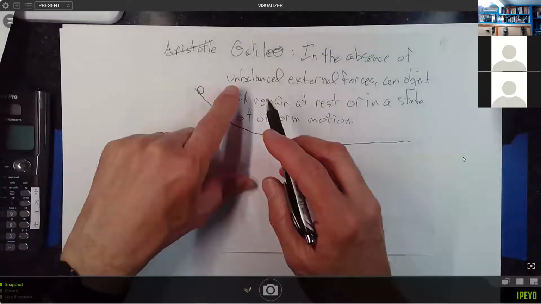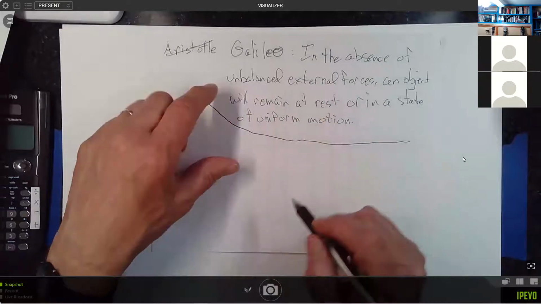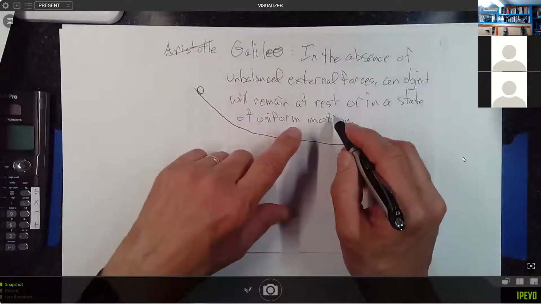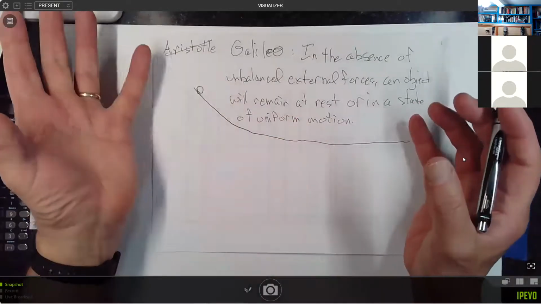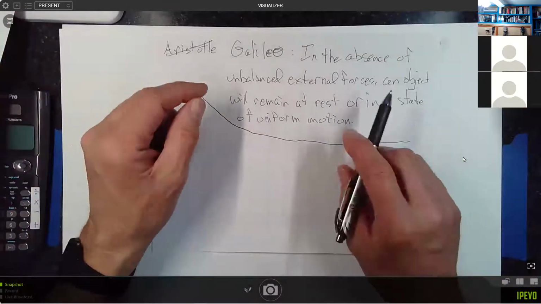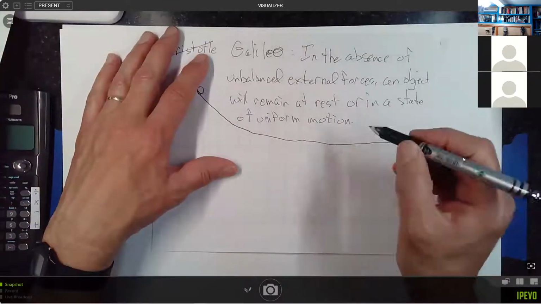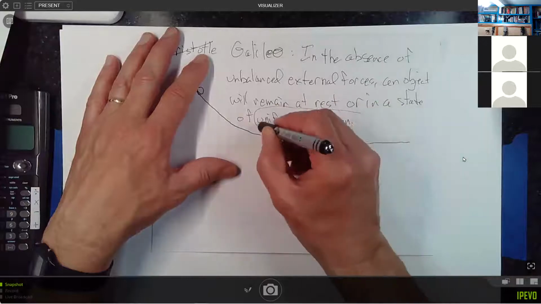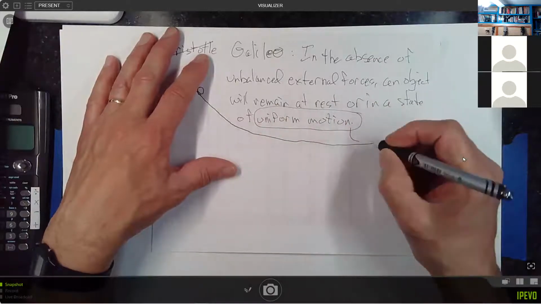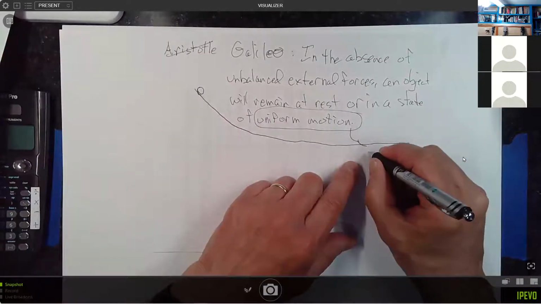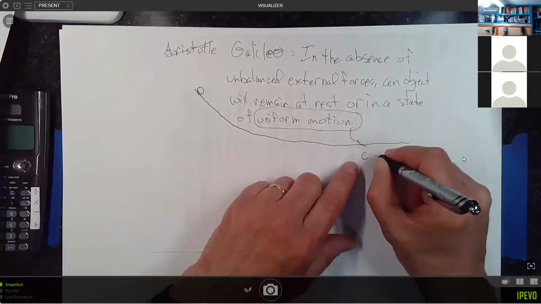We haven't even defined forces yet, but we'll get to those. Remain at rest, that means the object is just sitting there. So no surprise with that one. A state of uniform motion means constant velocity. No acceleration.